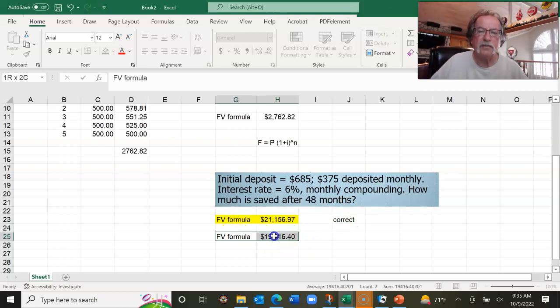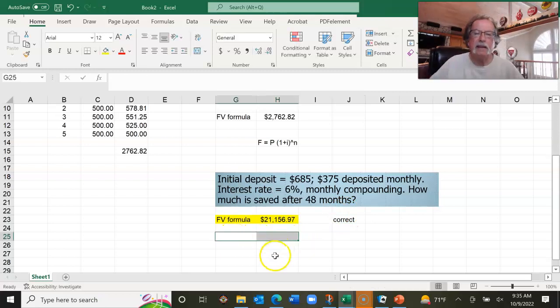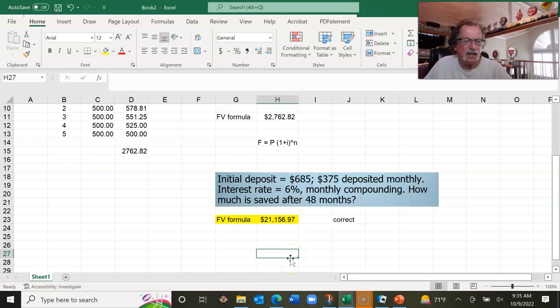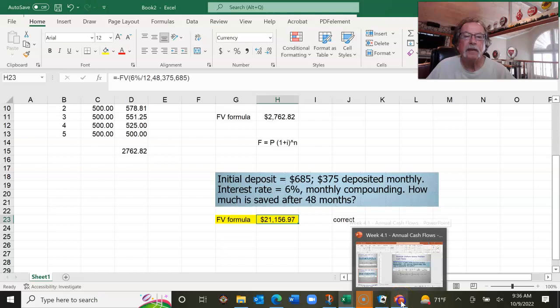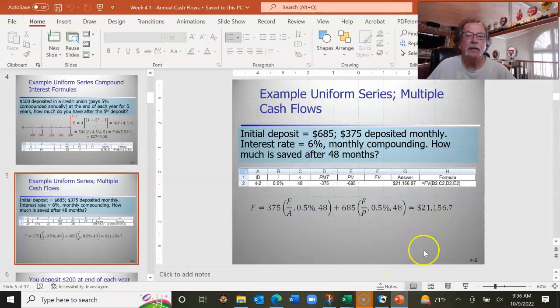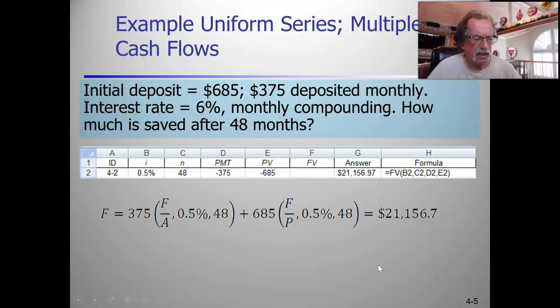And I'm going to delete this right here. And so I just want you to understand that you need to watch these signs and be very cautious with them. But in the future value formulation, the payment and the present amount are the same sign. I mean, they don't flip on each other. And I'll be posting this worksheet to Canvas.